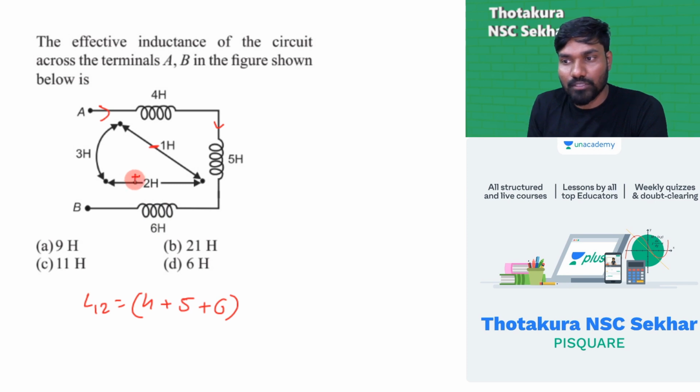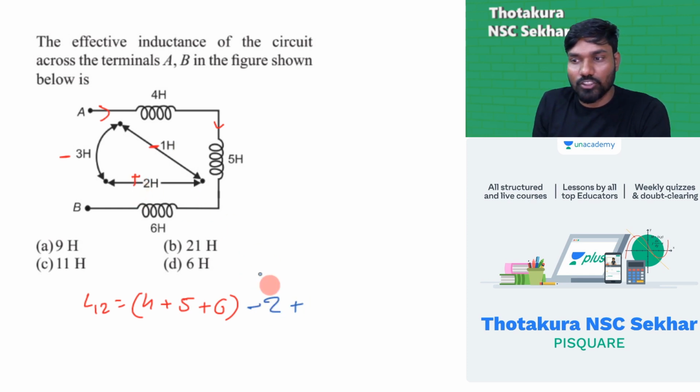So it is a positive coupling. Both are the same, current leaving. Between these two, this is a bubble, this is a dot. Current is entering at the dot, current is leaving at the dot. So opposite, negative coupling.